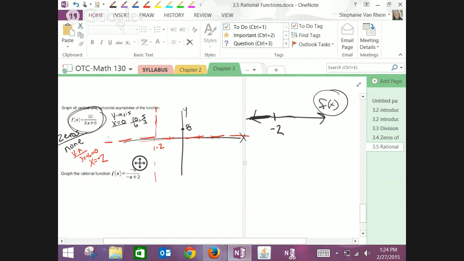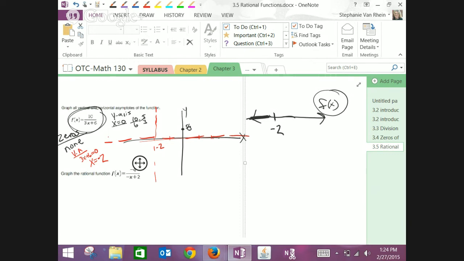I have 10 on top. -5 times 3 plus 6 is negative. It doesn't matter what number it is, as long as it's positive or negative. So I have a positive divided by a negative, which means my whole function's negative. You can actually use your calculator and plug in -5 to see what it actually is, but all I care about is whether it is positive or negative.